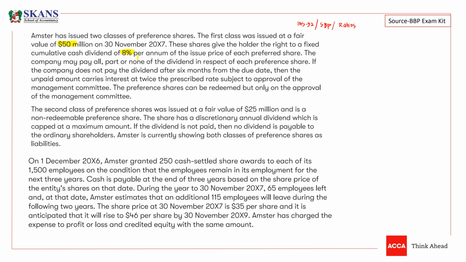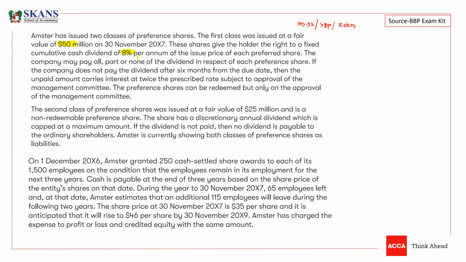So if they want to pay 4 million, they can pay. And if they don't want to pay 4 million, they may pay 3 million or 1 million, a part payment as well. And they may even pay none of the dividends. So it seems that there is no obligation. So let's see what is next in the question.